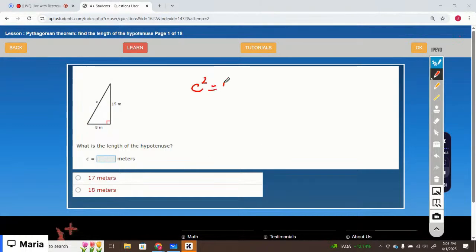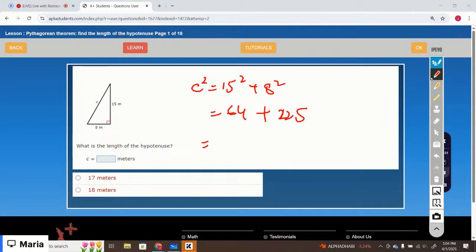So that is c square equals 15 square plus 8 square. 8 square is 64 and 15 square is 120. I think 15 square is not 120, that is 225.